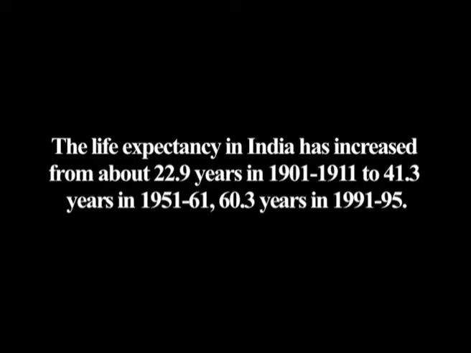The life expectancy in India has been increasing for the last many decades, but it is still much lower than that registered by the developed countries. The life expectancy in India has increased from 22.9 years in 1901 to 1911, to 41.3 years in 1951 to 1961, to 60.3 years in 1991 to 1995.